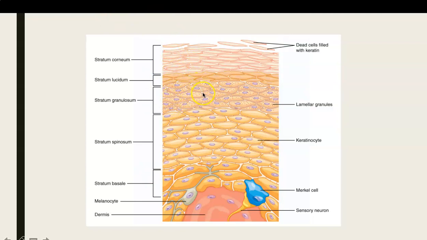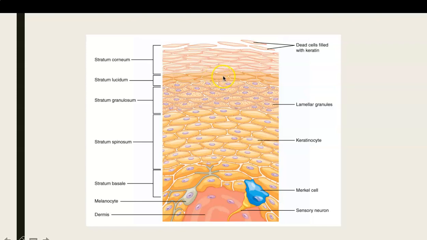And then again, if these cells are in the soles of the feet or the palms of the hand, you will find this layer, the stratum lucidum. And the stratum lucidum, if you notice, all of the organelles, the nuclei are completely disintegrated, just little ghosts of them left over, and all you have in here now is a ton of keratin, keratohyalin, and also another kind of protein called eleidin, E-L-E-I-D-I-N, which is a lipoprotein that is synthesized from the keratohyalin.